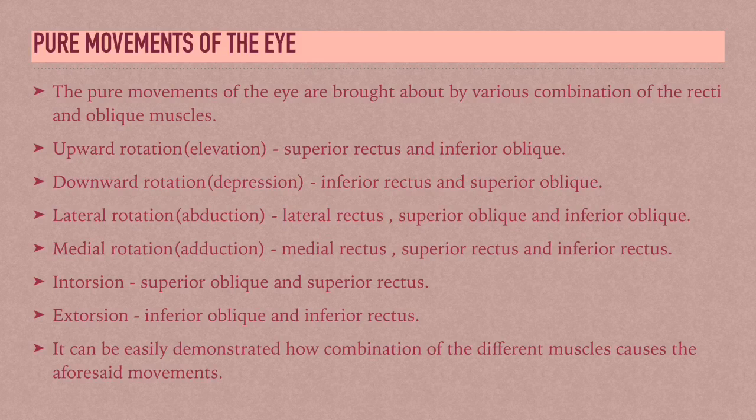Some of the pure movements of the eye are the upward rotation or elevation, and the muscles involved are the superior rectus and inferior oblique; downward rotation, depression, inferior rectus and superior oblique; lateral rotation, abduction, brought about by the lateral rectus, superior oblique and inferior oblique; medial rotation or adduction, brought about by the medial rectus, superior rectus and inferior rectus; intorsion, brought about by superior oblique and superior rectus; extorsion is brought about by the inferior oblique and the inferior rectus. It can be easily demonstrated how combination of the different muscles causes the forward movements.